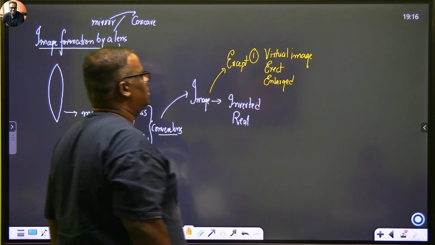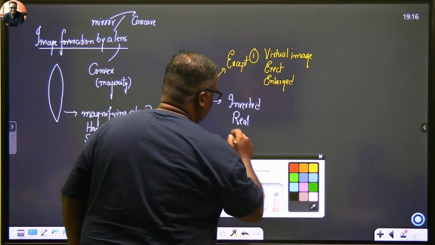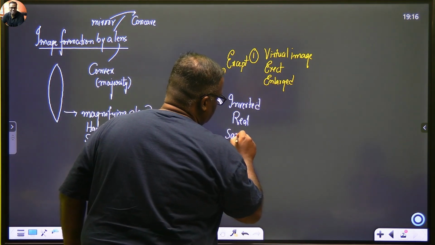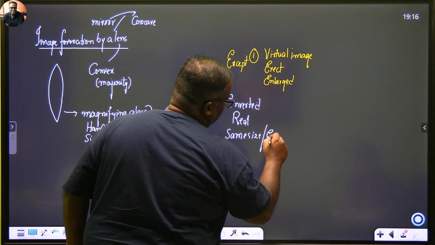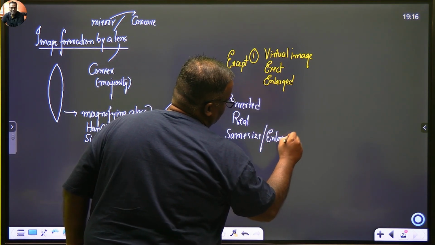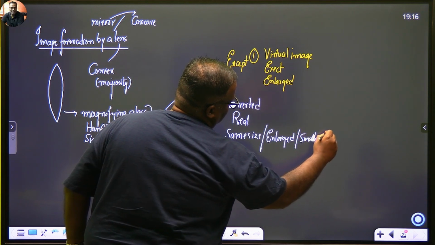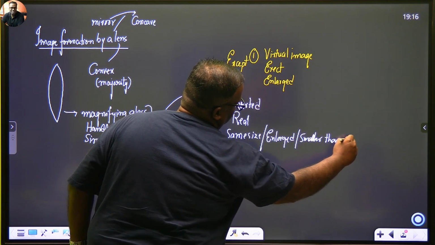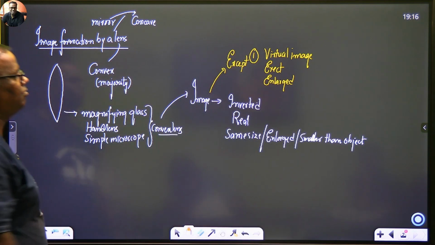Okay, enlarged. Here we will get real, we will get same size, various combinations we can guess. We can get enlarged, and we can also get smaller than object. Smaller than object. Clear?